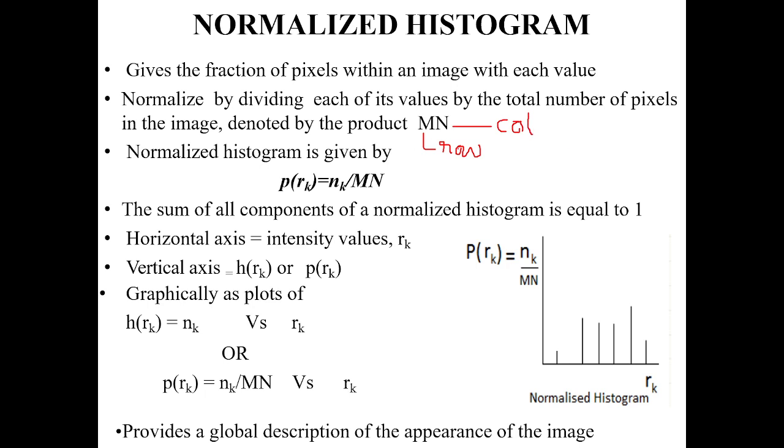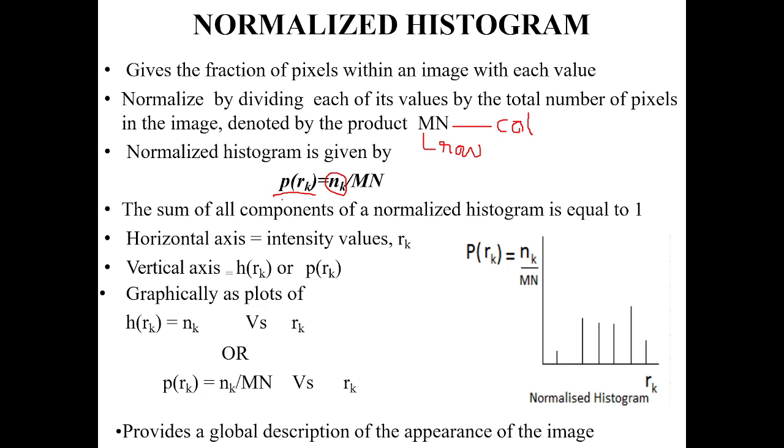Okay, so the number of rows and columns gives an n by n matrix, which is the total number of pixels in an image.